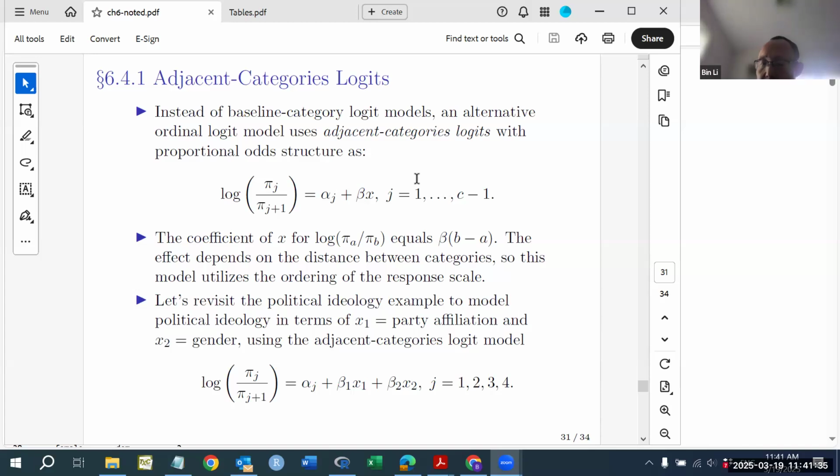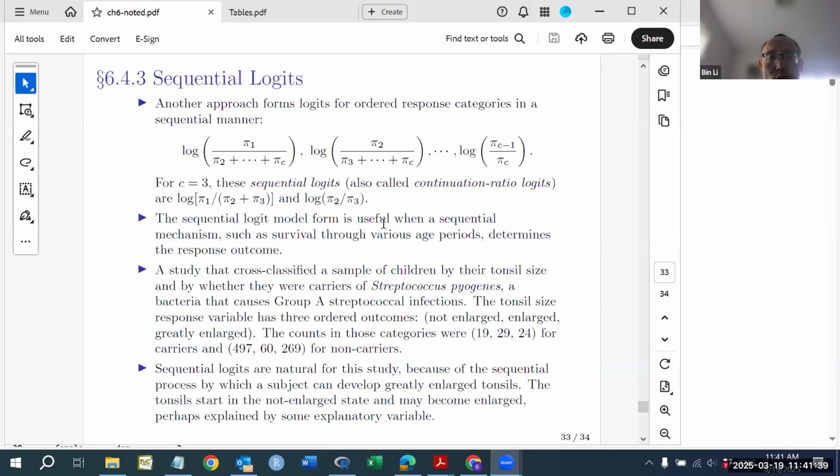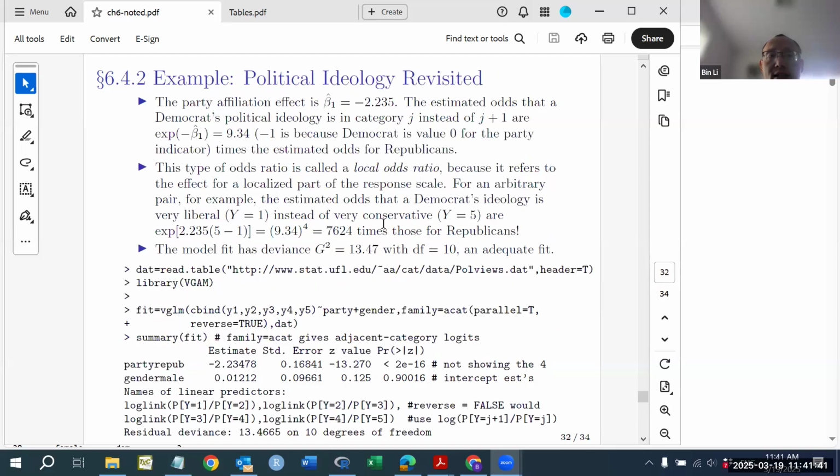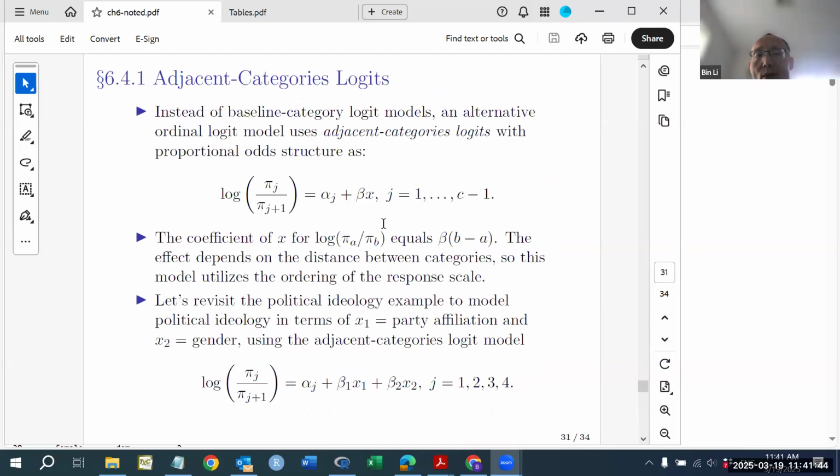And the last 4 slides, 1, 2, 3, 4, are just giving you some alternative models for modeling the nominal multi-category response.